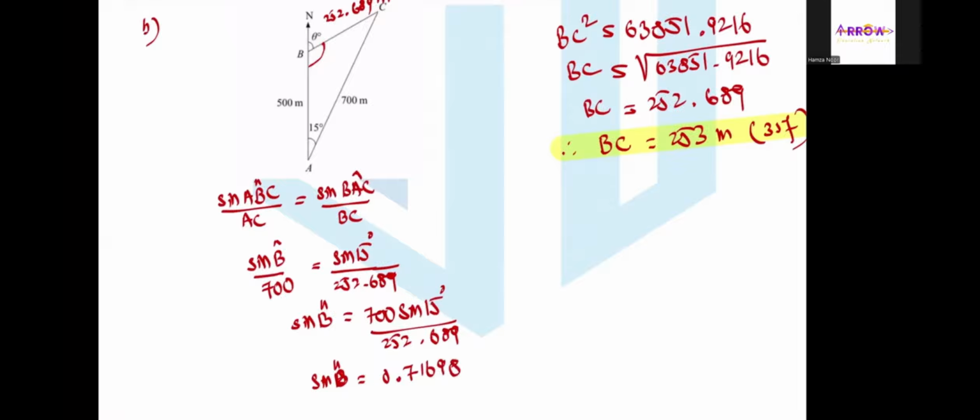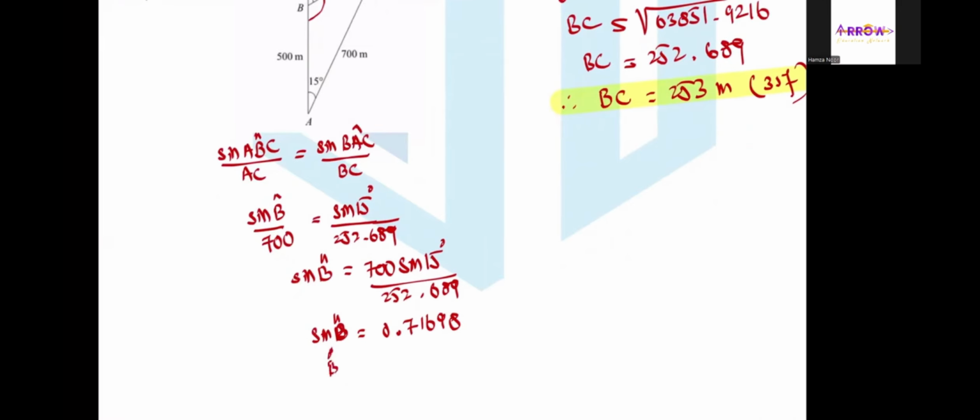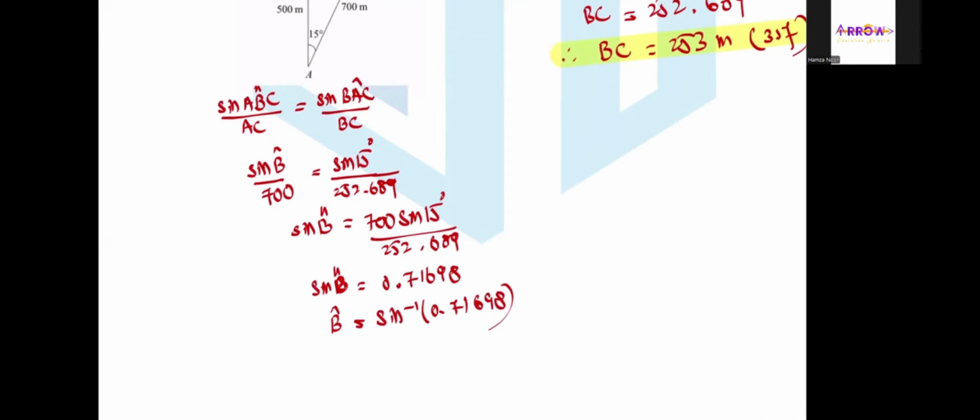So I can say that angle B equals sine inverse of 0.71698, which is supposed to be 45.806 degrees. If this angle B were acute, then it would be 45.806.